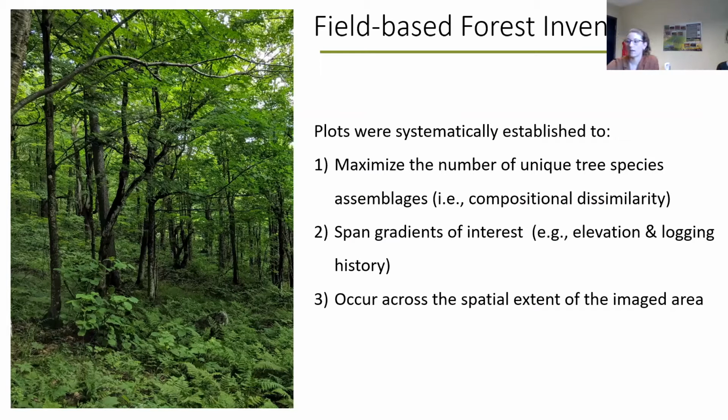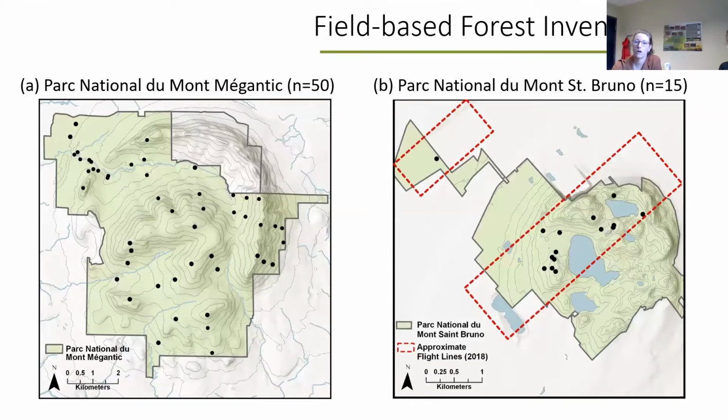In the field, we established forest inventory plots systematically to maximize the number of unique species assemblages, to span the gradient of interest, and also to occur across the spatial extent of the imaged area. Over the past 2 summers, we've completed 50 plots at Mont Mégantic and 15 plots at Mont Saint Bruno.